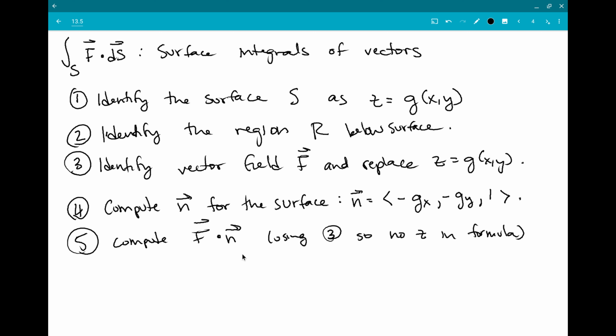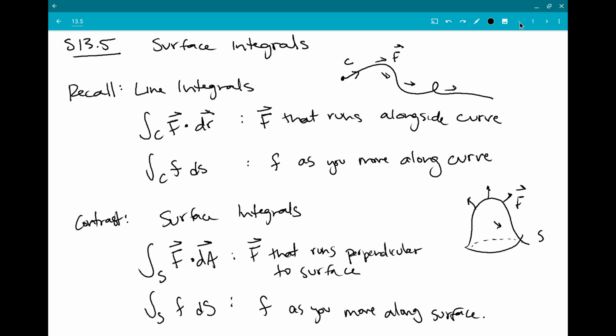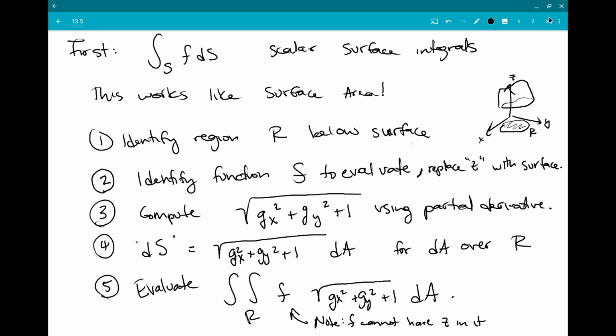So this is just taking a dot product. What we're looking for is the components of F that run with the normal vector. So this goes back to the idea that the surface integral tells us about F perpendicular to the surface. When we take that dot product, that's what we're selecting for.